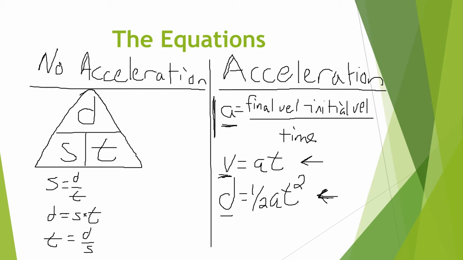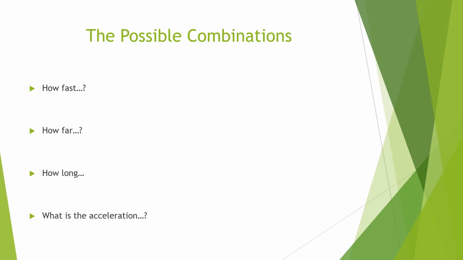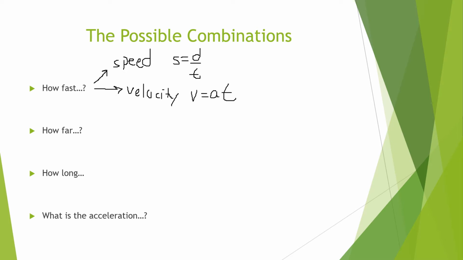So what does that translate to? It translates to this. If a question says how fast, what it means is it's looking for either speed or velocity. If it's looking for speed, you're going to use speed equals distance divided by time. If it's looking for velocity, you're going to use velocity equals acceleration times time.